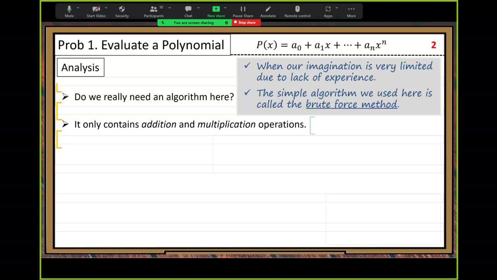So here you can see, at this point, what we are doing now is we need to measure the performance.